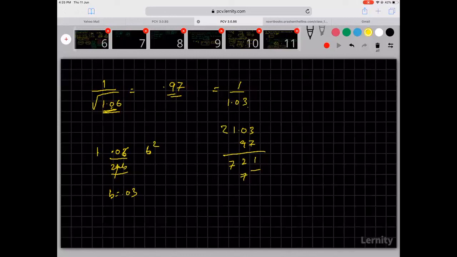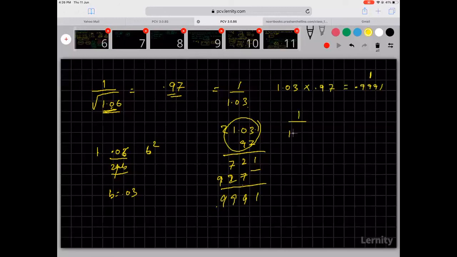So when I add them and multiply, in my head I'm thinking 1.03 into 0.97 is equal to 0.9991, which is almost equal to 1.